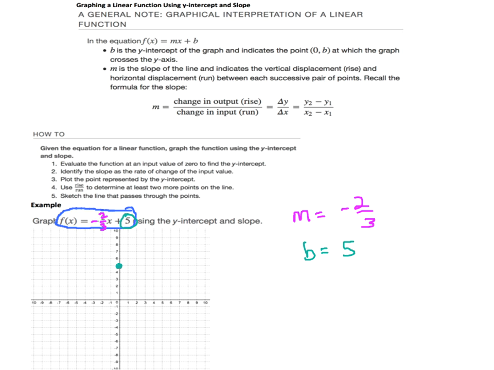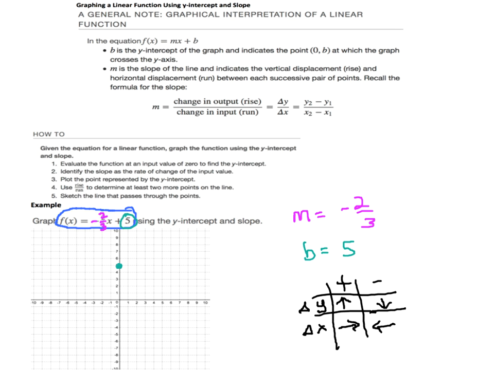So once again, here's a quick reminder of how to move with your slope. You always have y, change in y over change in x, and you can have positive and negative of each of those. Positive y up, negative y down, positive x right, negative x left.